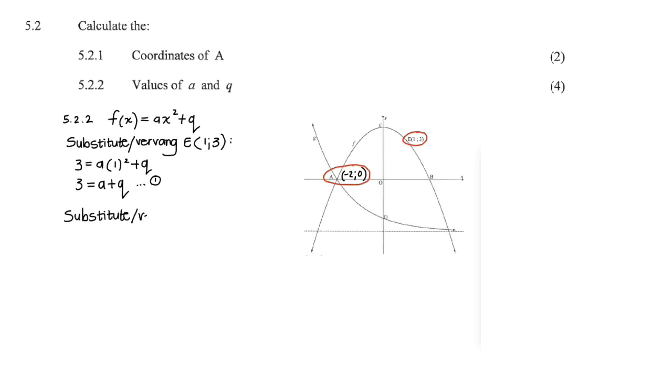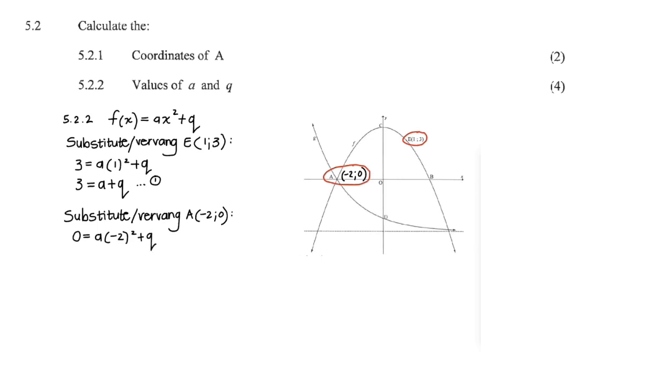Now let's move on to substituting point A with coordinates (−2, 0). So now we have 0 = a(−2)² + q.